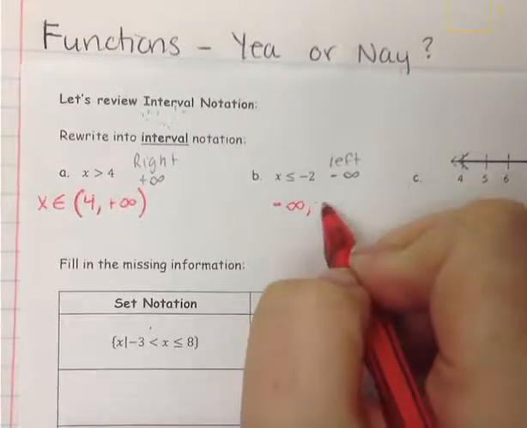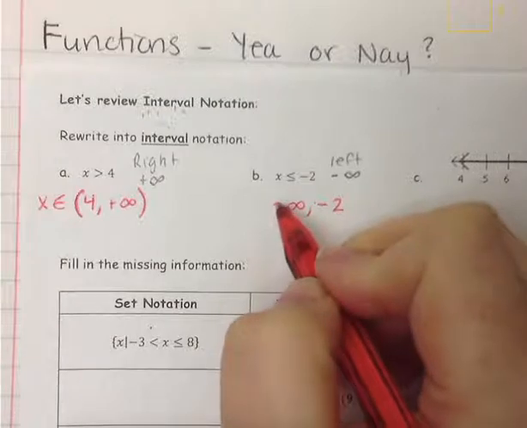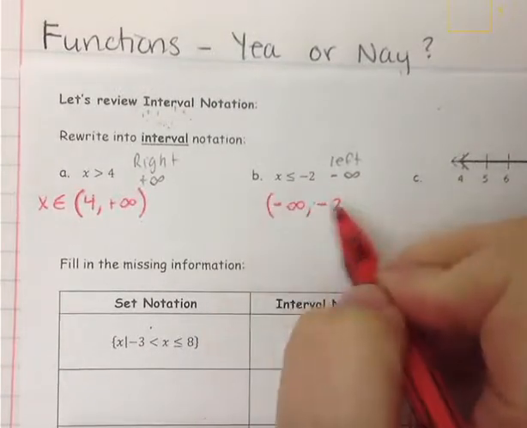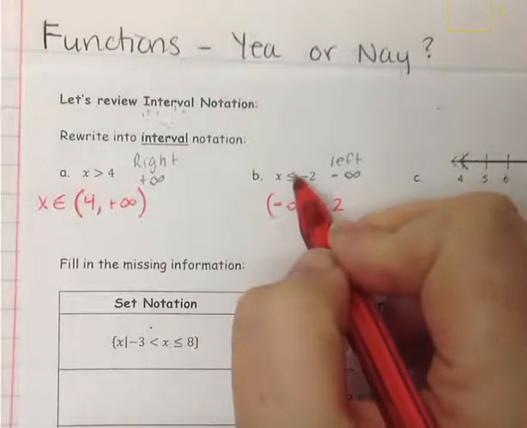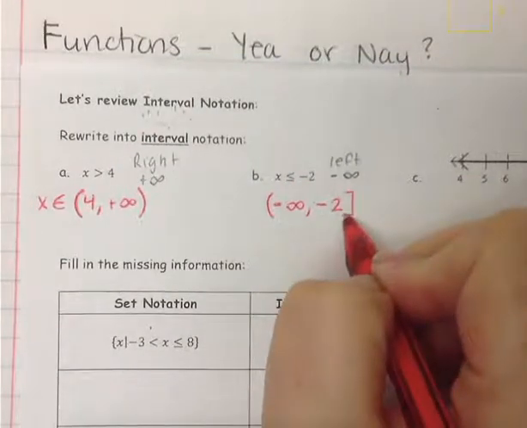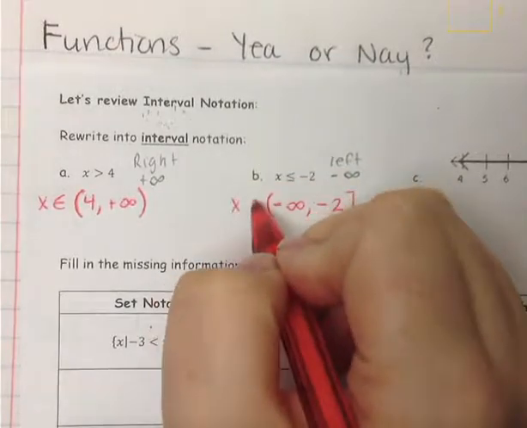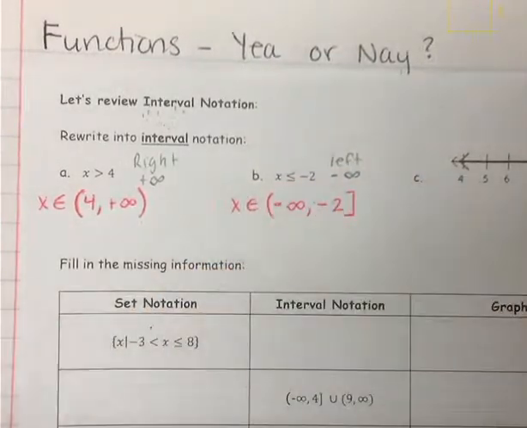The highest value will be that -2. The negative infinity is never reached, so that will be an open bracket. The -2 is included in that equality, so we can close that bracket. And again, we're dealing with the x's, so this is going to be x is an element of (negative infinity, -2].